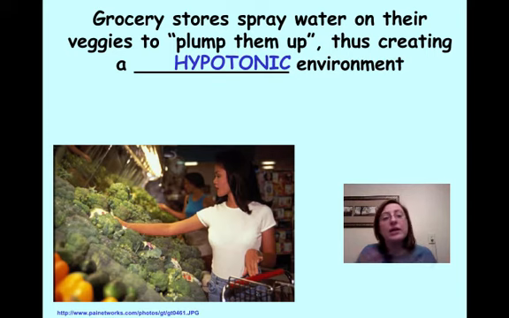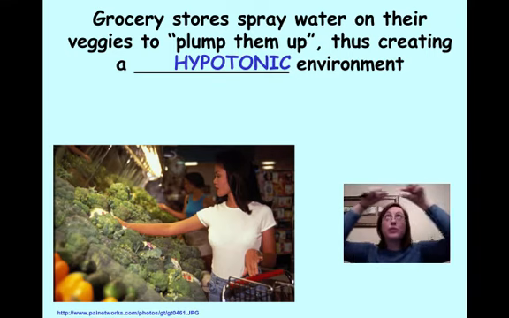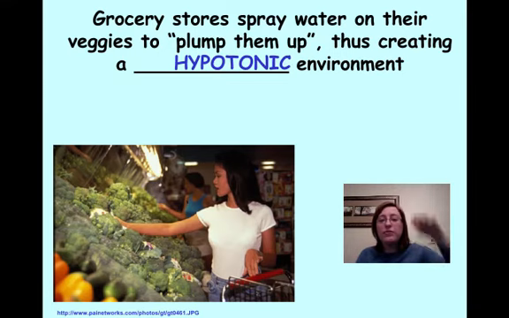So what ends up happening is the grocery stores have those little spray systems set up, and if you've ever been shopping you notice they'll mist water every 2 minutes or so. Why are they doing that? Because the water falls on the surface of your fruits and veggies, and it's going to cause them to plump up. So okay, and why does it do that? There's a hypotonic condition now.